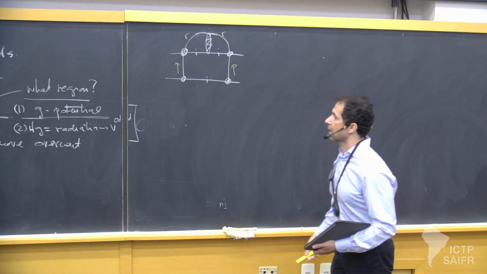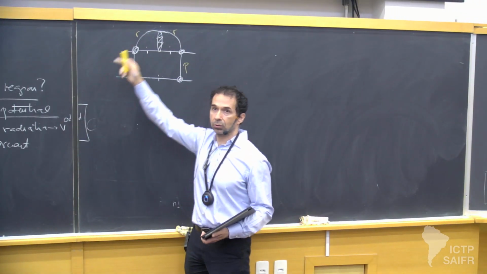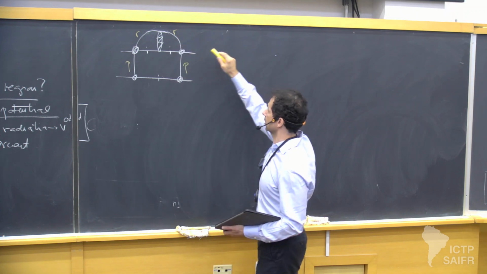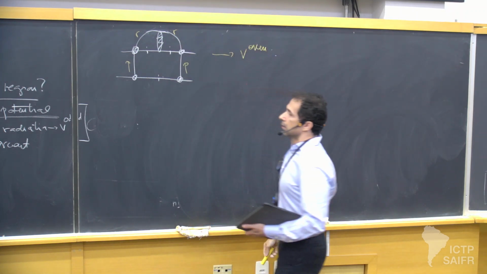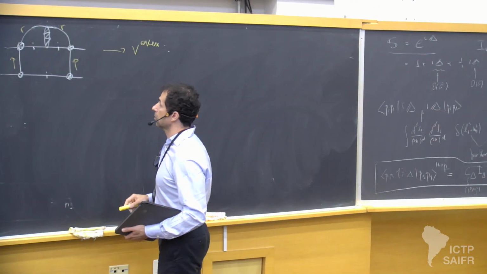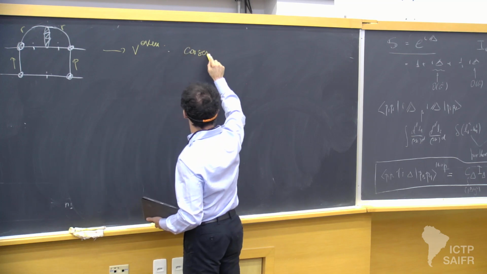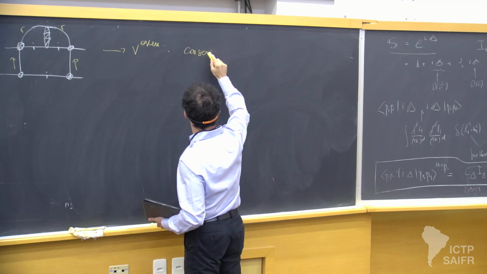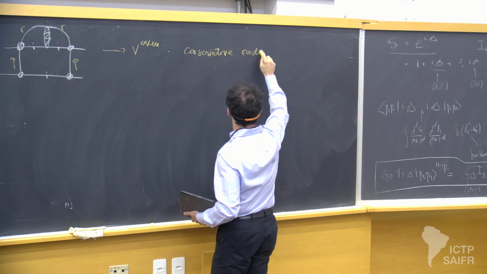Now, if they are radiation, each of them generates a V odd, but there are 2 of them, so morally they generate something that's V even. Okay. So this is something that is called conservative radiation reaction.